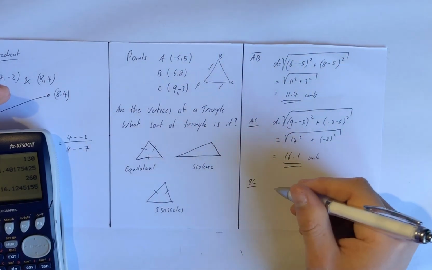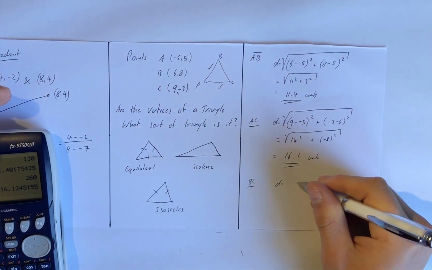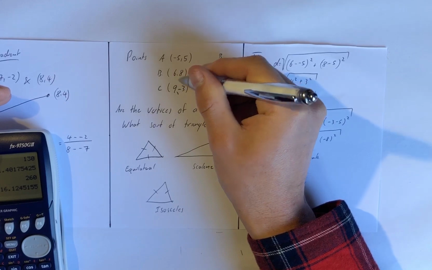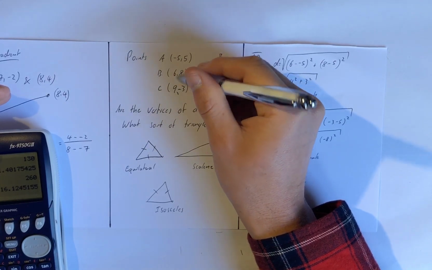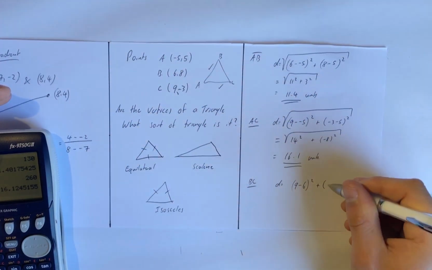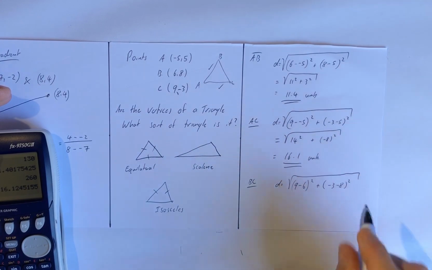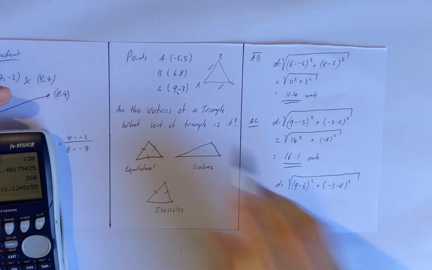So the distance is going to be, we're doing BC now, so x2 minus x1, 9 minus 6 squared, plus negative 3 minus 8 squared, and that's all square rooted. I'm just going to double check that one. Yep, that's right.